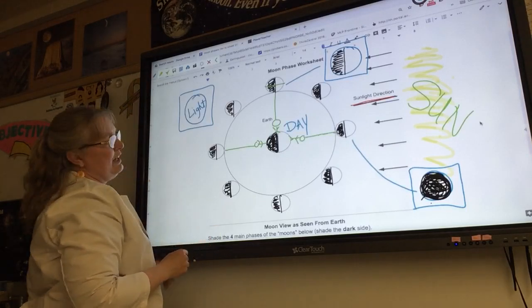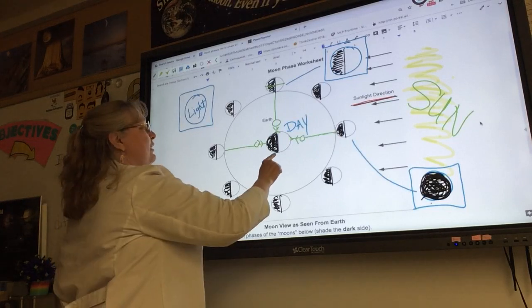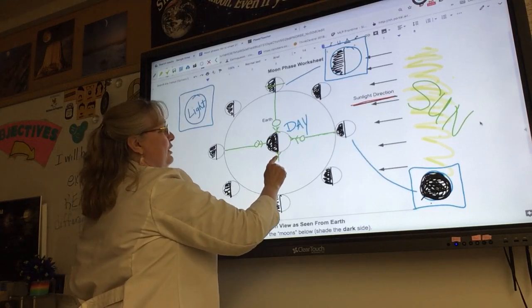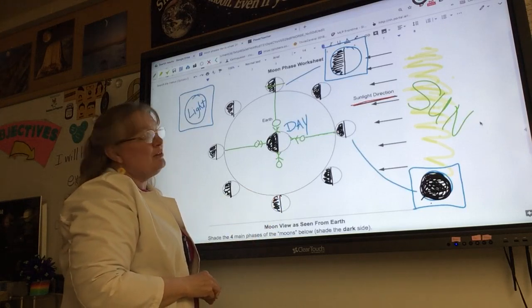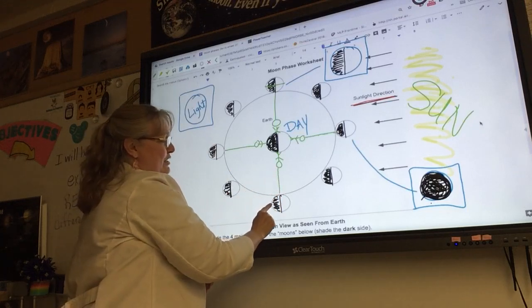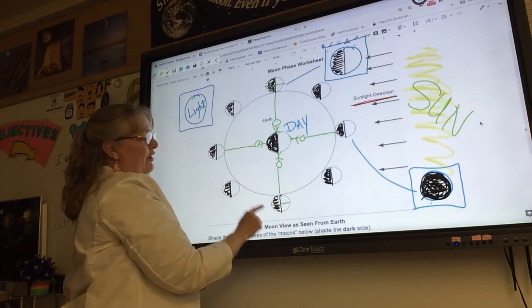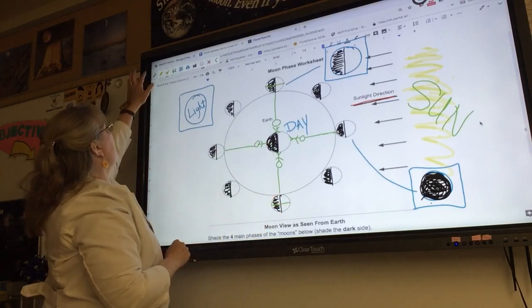So now comes the acrobatic piece, where I'm going to have to be the person standing on my head. So the person is standing here on the moon. Sorry, they're not standing on the moon. Why would you stand on the moon? They're standing on the earth looking at this phase of the moon. And just like we did over here, remember they're only going to be able to see the side that's facing the earth.